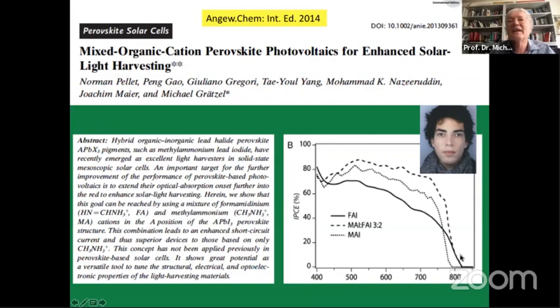When you mix that, the band gap is shifted to longer wavelengths. That's good. We want to collect more sunlight, and also the optical response is improved.